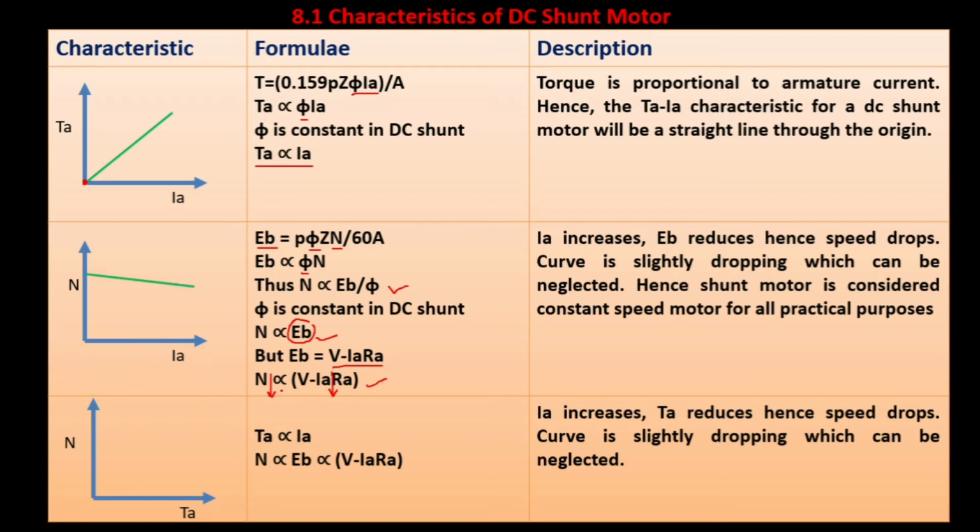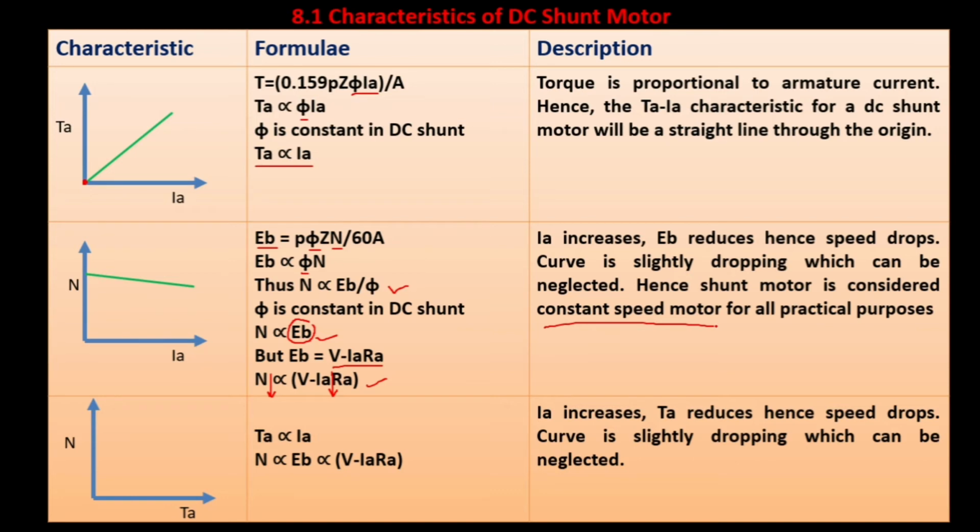So this is the characteristic that you get. If I plot speed with respect to armature current, you get a slightly dropping characteristic. So for all practical purposes, we say that the DC shunt motor is a constant speed motor.